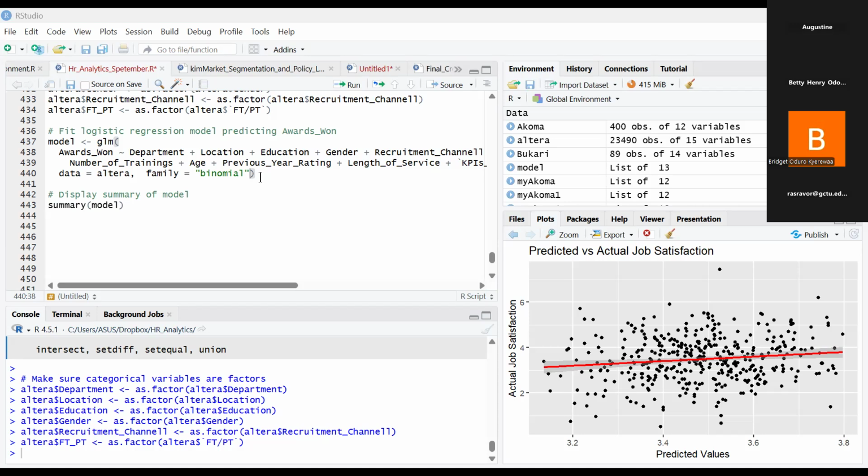If I look at what you have here, where is the data Altera? You've not loaded the data Altera, have you? So please listen. I can't see the data loaded in the environment. Can you take a whole snap for me? Yes, Prof. Because what I have here, I can't see anything.